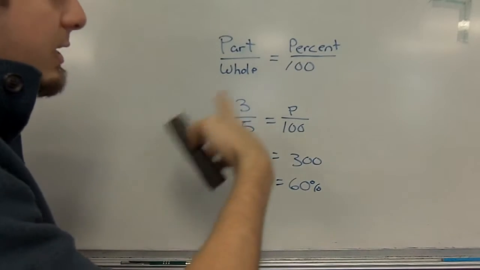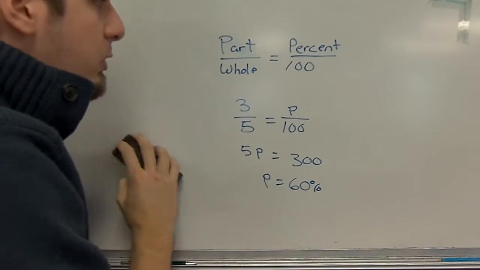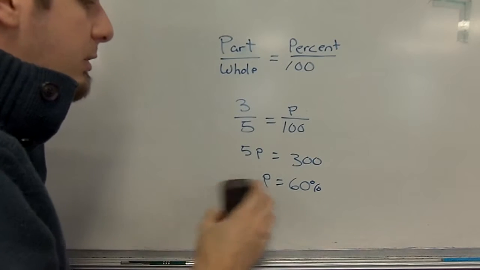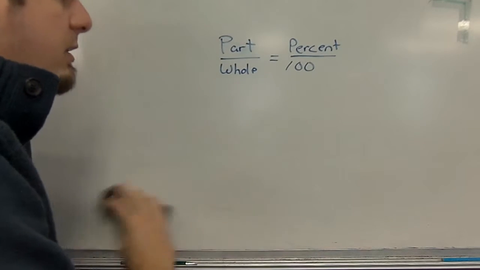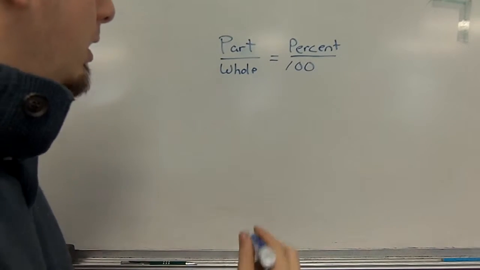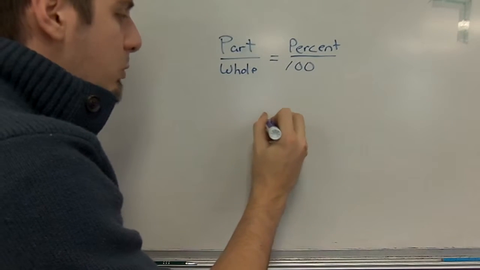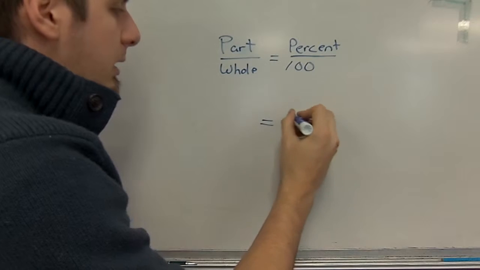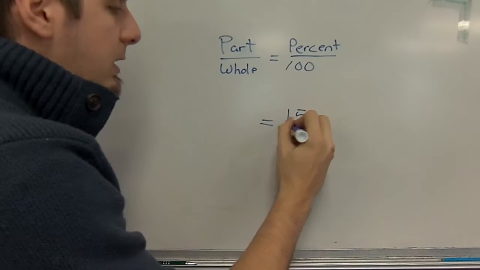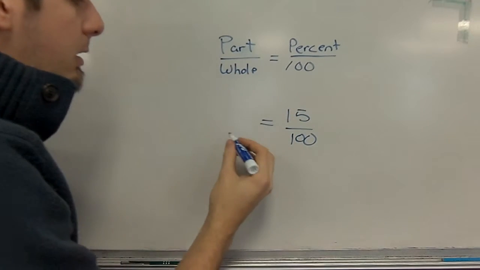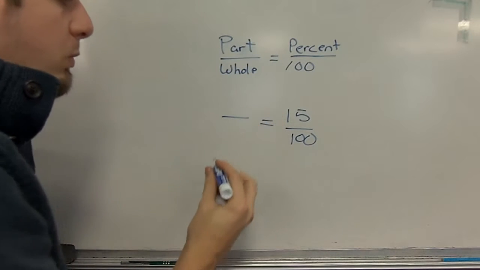So there are other things you can do with this percent equation. Maybe instead of wanting to know what 3/5 is as a percent, maybe you want to know what 15% of 30 is.